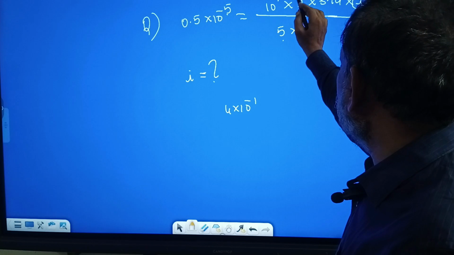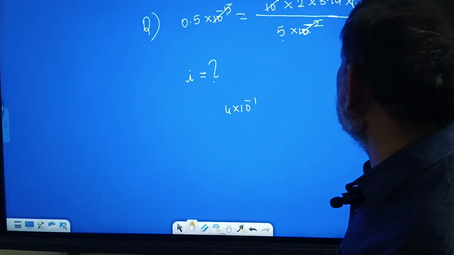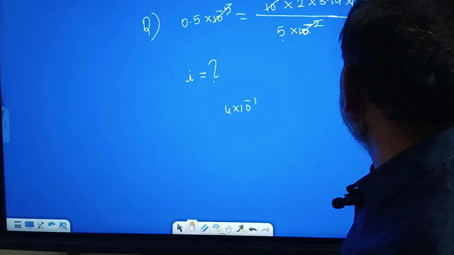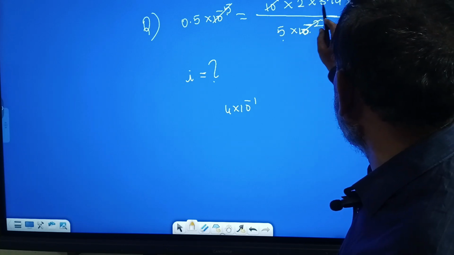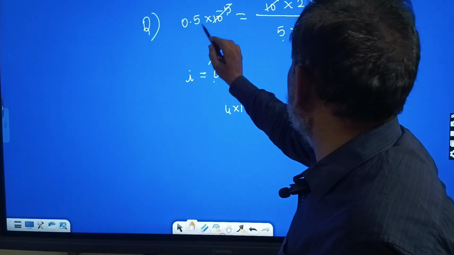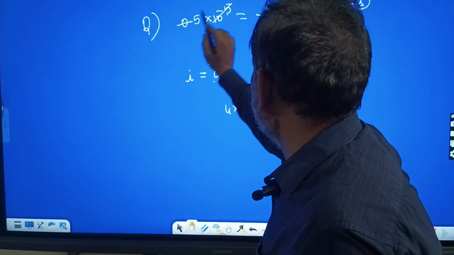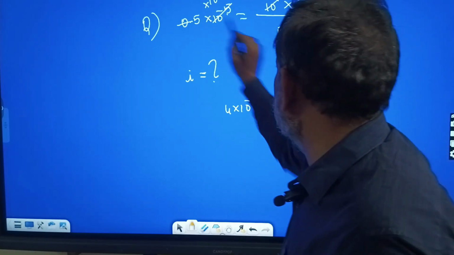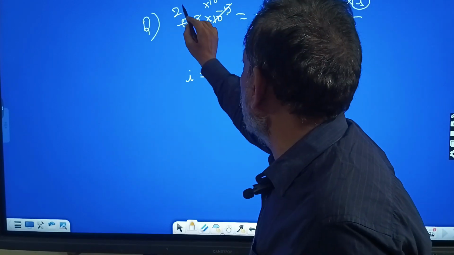Then I'll cancel this 2, this one cancels. And I'll consider 10 to the power of minus 1. So this goes up here, this cancels, this becomes 25.